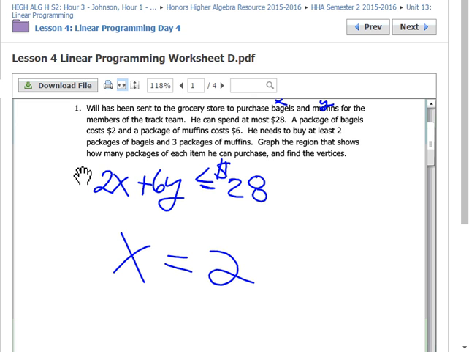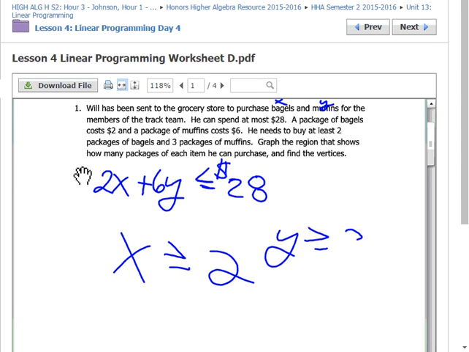Is it less than, greater than? Greater than or equal to, less than or equal to? He's made a new symbol, folks: greater than or less than. Nope. Greater than or equal to. Very good. X is greater than or equal to 2. And then muffins is the Y. And what's that?